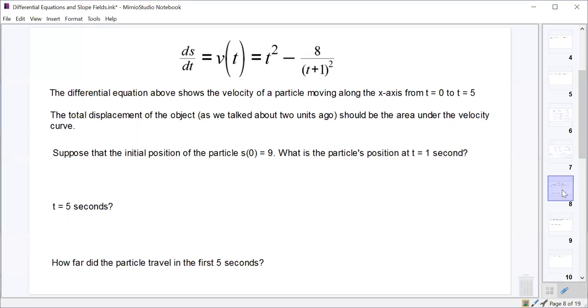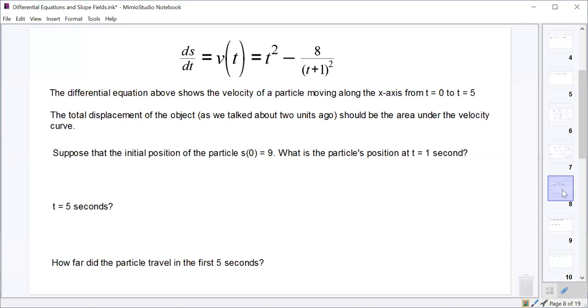Now, we probably didn't talk about this two units ago. We talked about it maybe three months ago, a little bit, but the displacement of an object is always going to be the area underneath the velocity curve. So the integral of velocity tells you how far a particle displaces in the time period between your two limits.